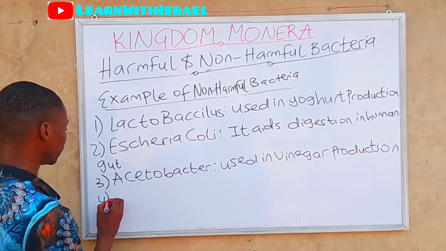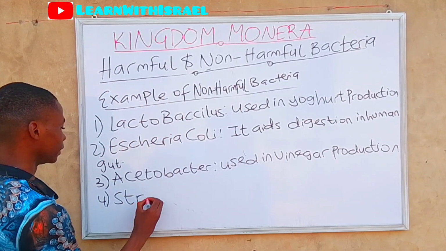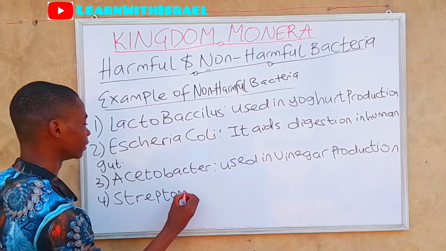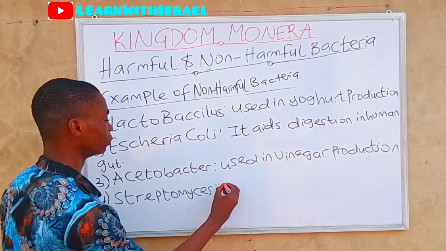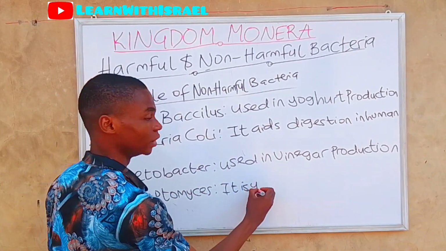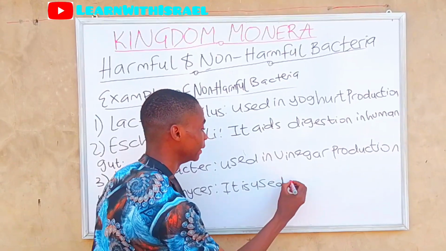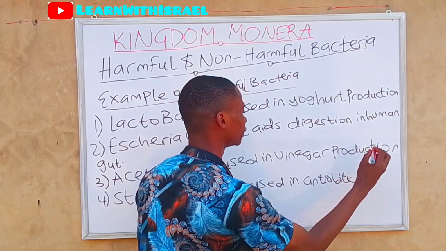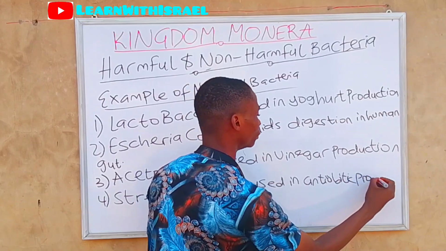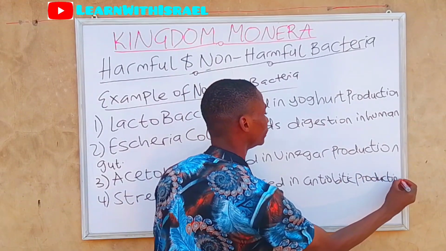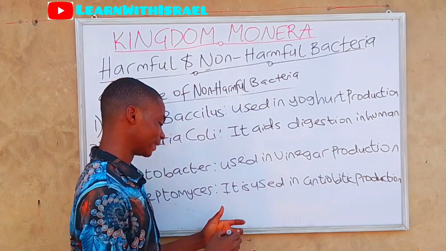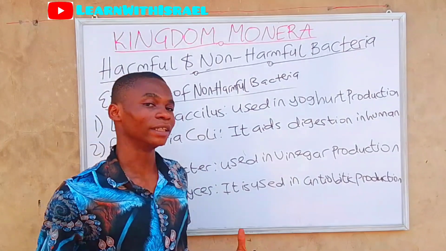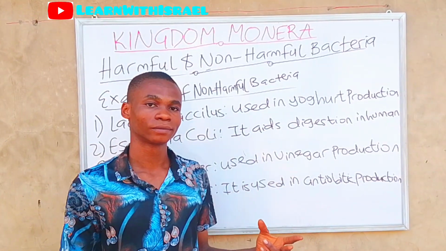The next one is Streptomyces. Streptomyces is used in antibiotic production. We can say Streptomyces is used in the production of drugs.